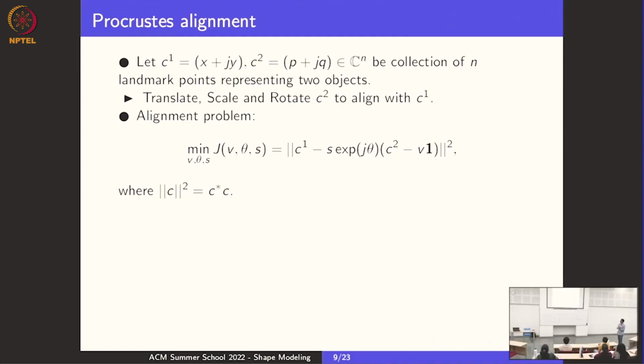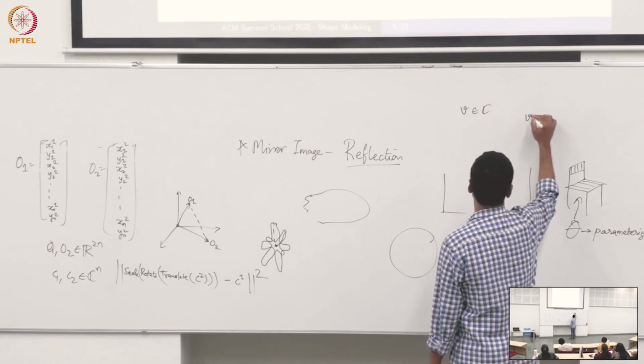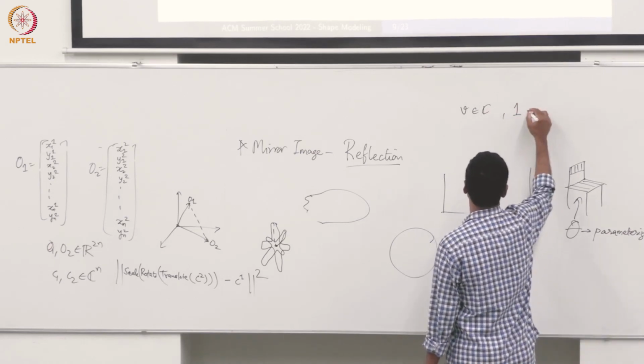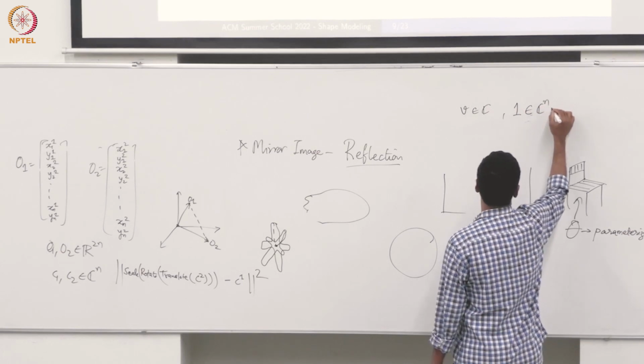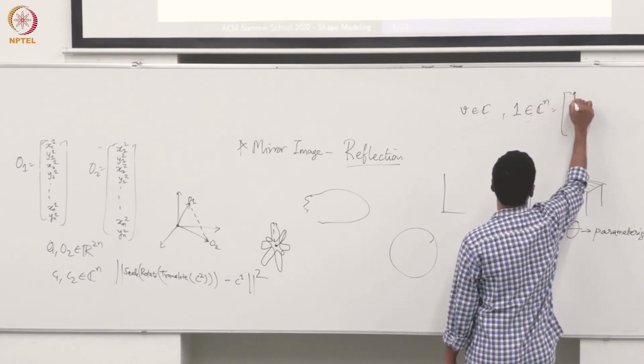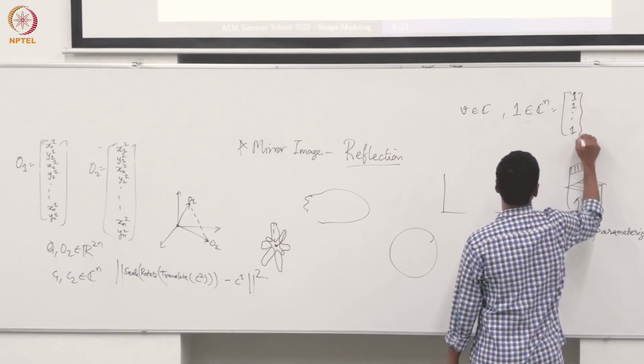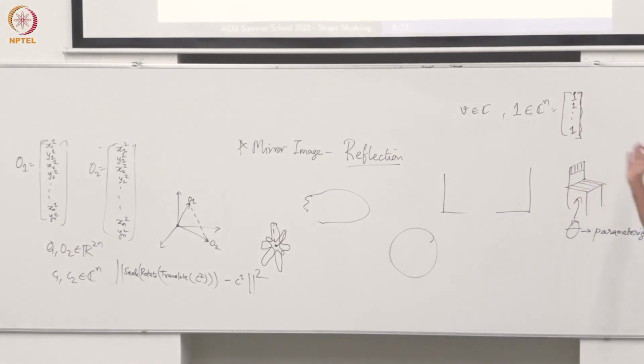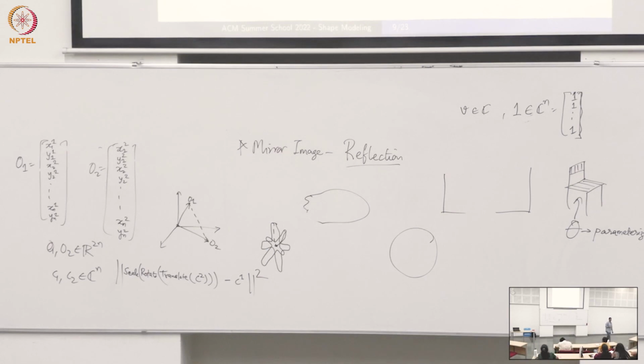Translated. By the way, although it's not written, V denotes one complex number, and 1 denotes the all-ones vector. So V is a complex number, and 1 is a vector containing n ones. When you multiply V by 1, you will have V at all n entries.